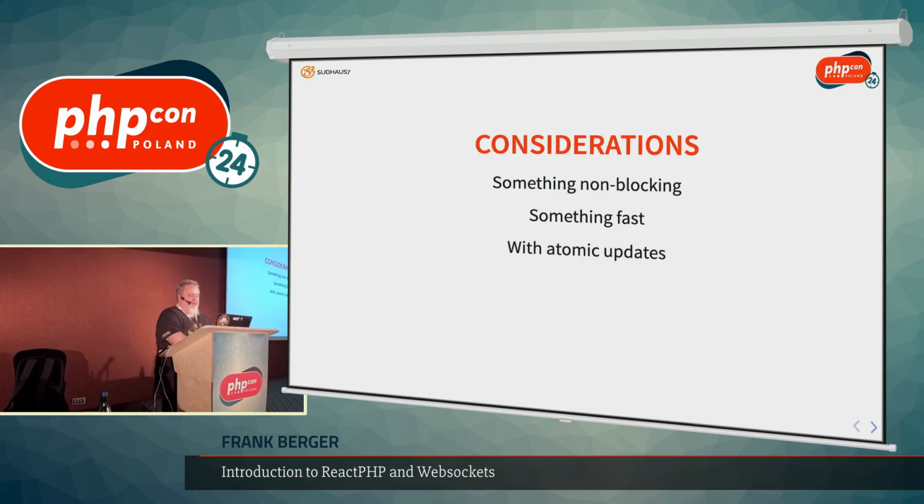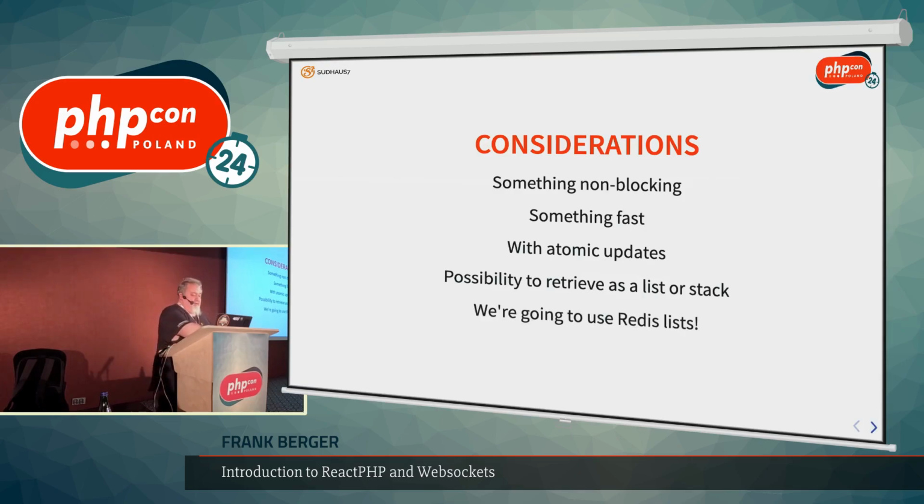We would like to have atomic updates. I don't want to read a whole structure, add something to it, and put the structure back somewhere. And we need the possibility to retrieve it as a list or a stack. You don't want all the 1,000 messages that happened in the last hour. You just want like the last 50 or something.